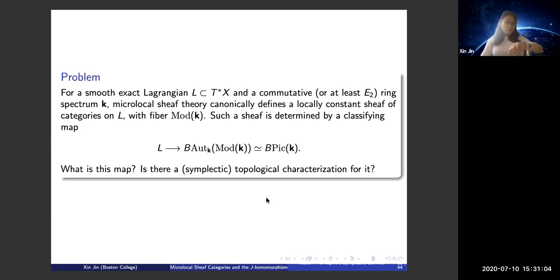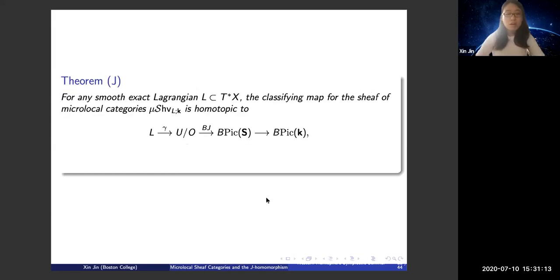So the natural question is, what is this map? Is there a symplectic characterization of it? Our main theorem tries to answer this question.